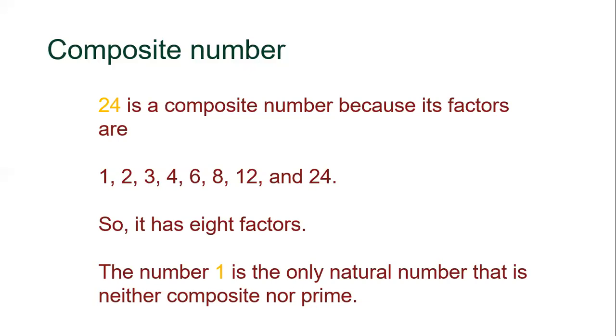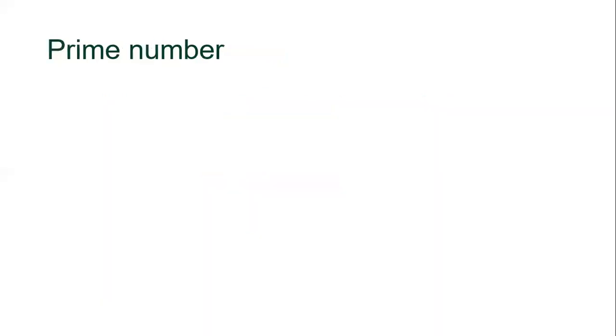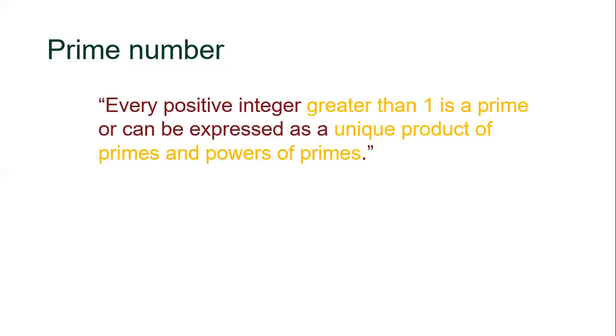Now, speaking of prime, let's move on to prime numbers. So what is a prime number? A prime number is an integer greater than 1 that is divisible only by 1 and itself. According to the fundamental theorem of arithmetic, every positive integer greater than 1 is a prime or can be expressed as a unique product of primes and powers of primes.